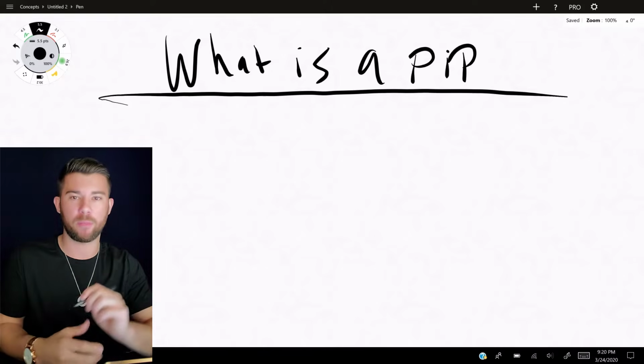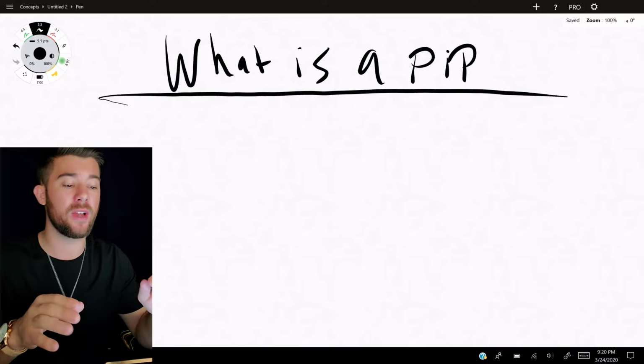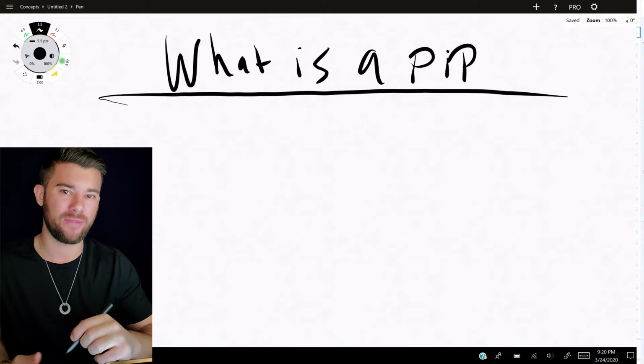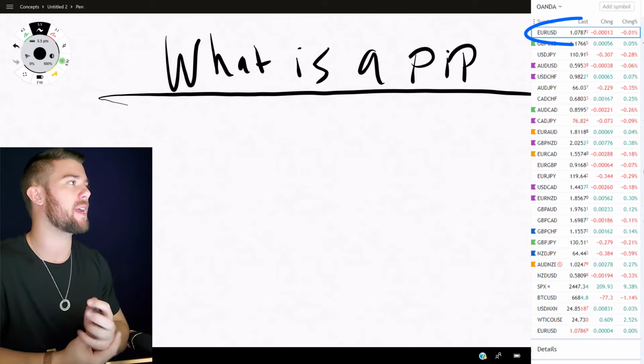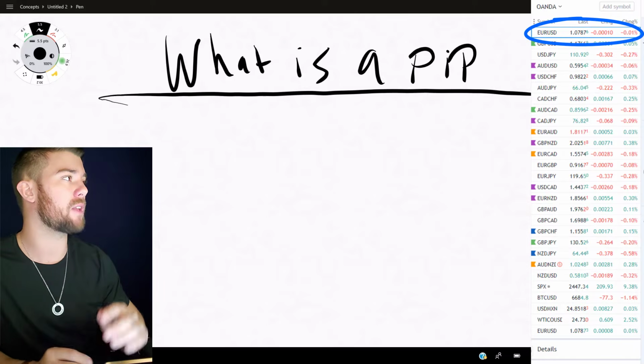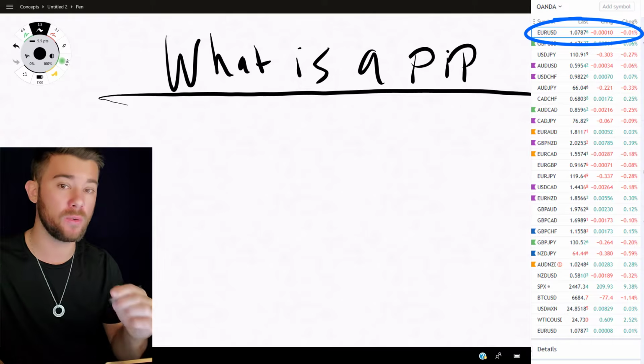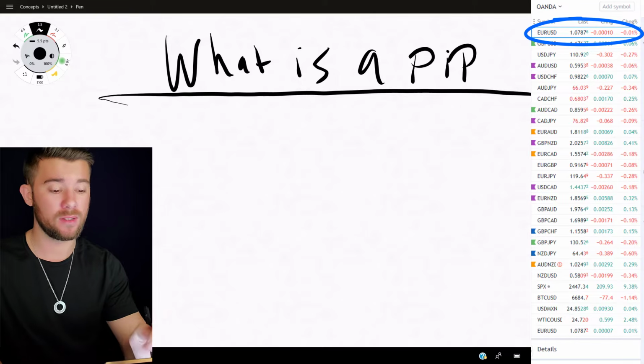So what is a pip? We know that a pip is the smallest number that moves in a currency pair, but how do we identify a pip? Well, look at the euro dollar right now. Right now, you can see that the euro dollar last price is 1.0787. So let's write that down.